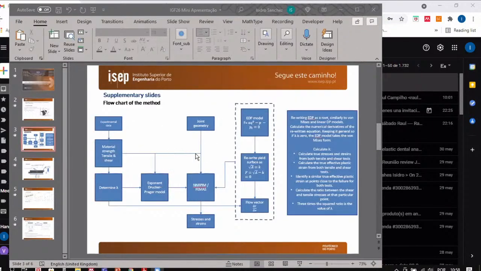Okay, how it was implemented. The meshless method itself, I'm not going to explain it here because it's out of the scope. However, we have been working on this for a few years now.